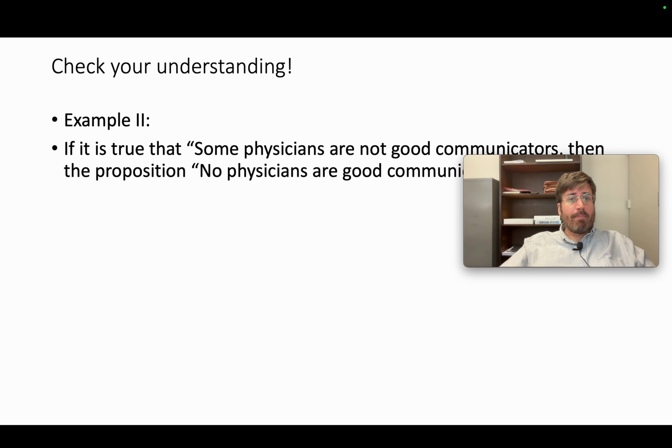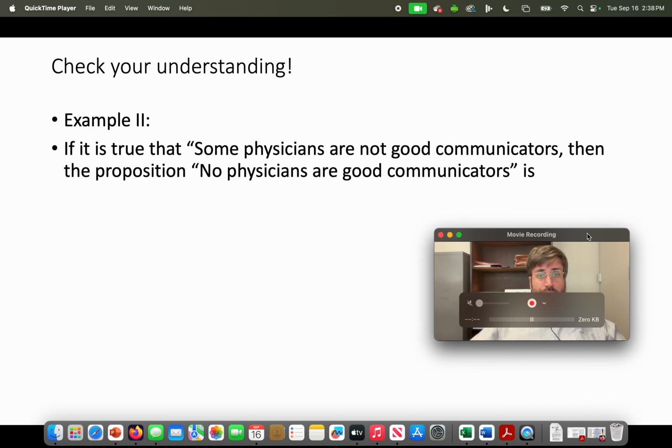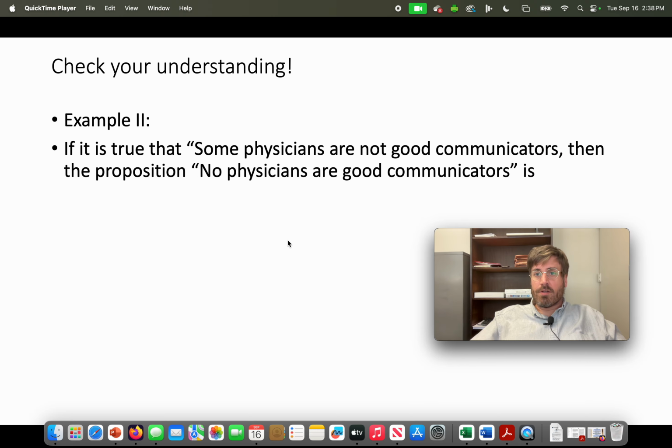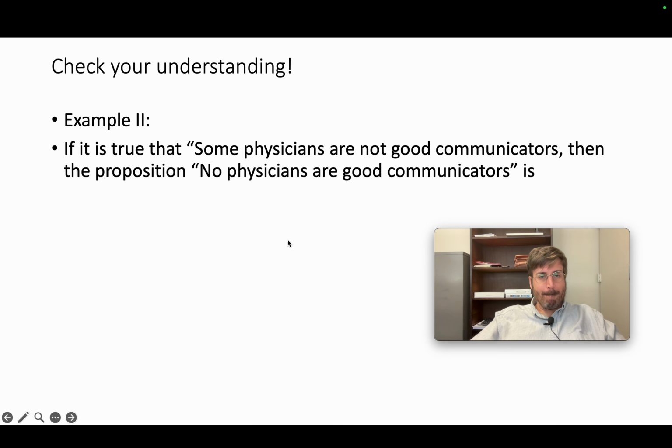Let's do another example. If I say it is true that some physicians are not good communicators, then the proposition "no physicians are good communicators" is what? We begin with "some physicians are not good communicators." That value is true. Then we're looking for the value of "no physicians are good communicators." Is it true?